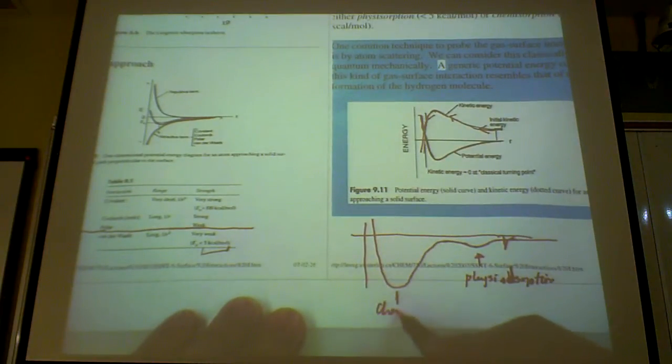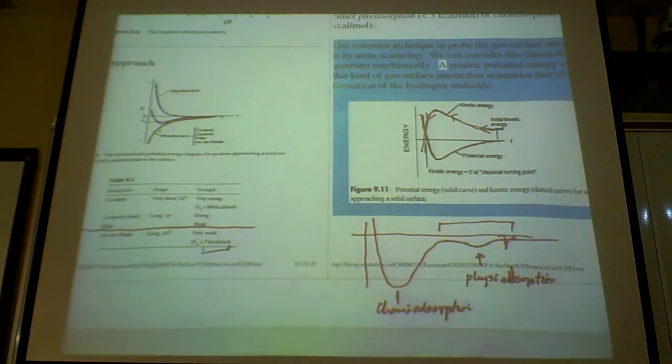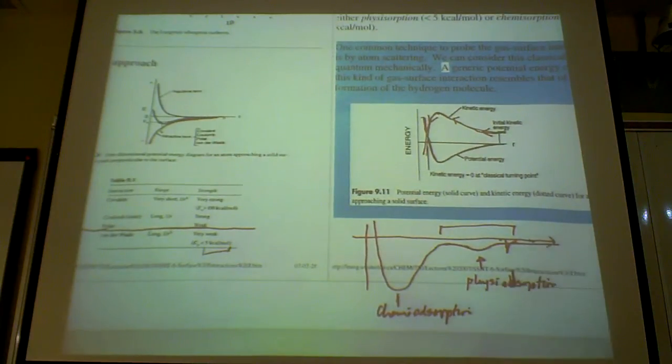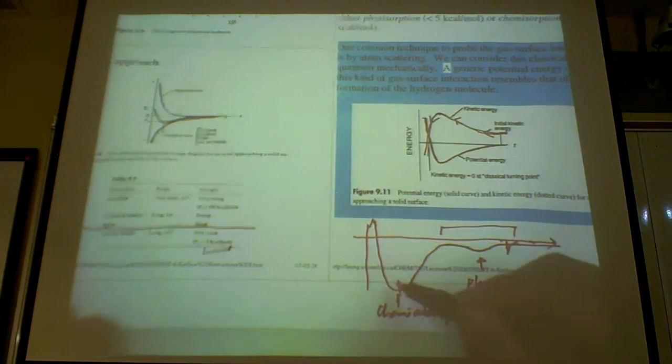And here you have chemical absorption, like that. And so this corresponds to the van der Waals region, which occurs at large R, the 1 over R to the cube kind of interaction. As you get closer and closer, you would get chemical absorption.